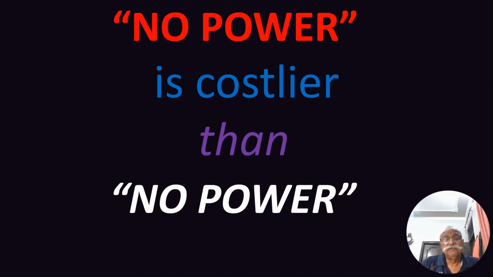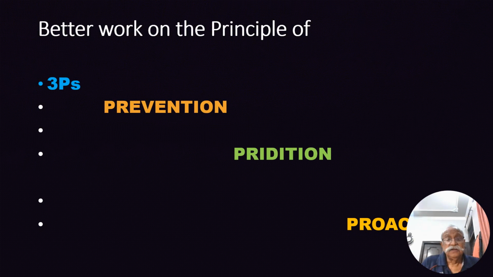Let me say, if there is a failure of a transformer bushing on account of ignorance, the damage has many consequential effects and becomes very costly. So it is better to take preventive action than to commit any further loss. Better work on the principle of three P's, that is prevention, prediction, and proaction.